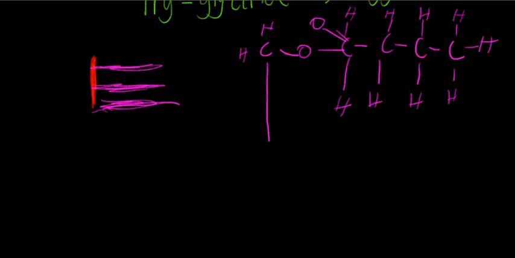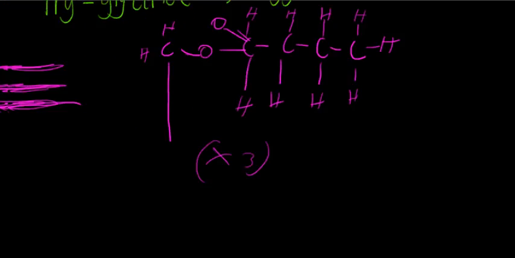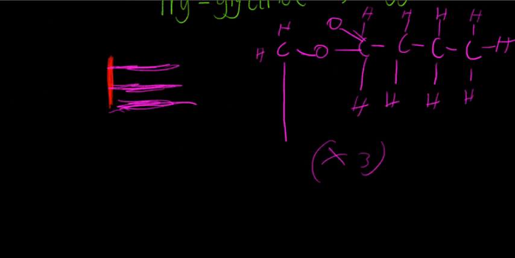And then this actually repeats 3 times. So if we take what I just did here and multiply it by 3, basically cutting and pasting these things 3 times, we get what a fat and oil would look like.